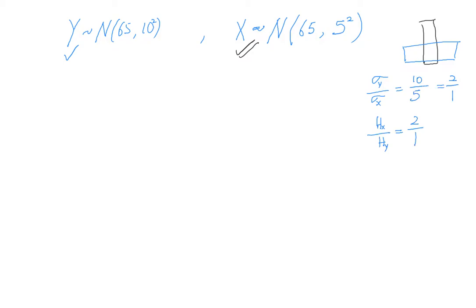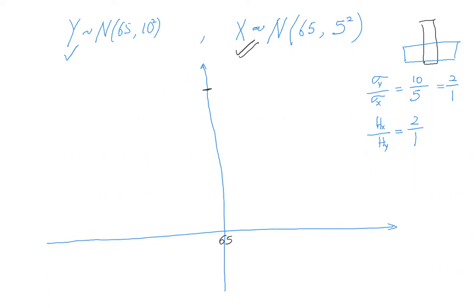You get me? So this will be my 65. For X, I'm going to use black. So if this is the height for X, the highest point for Y will be half of the length of X. You get me?